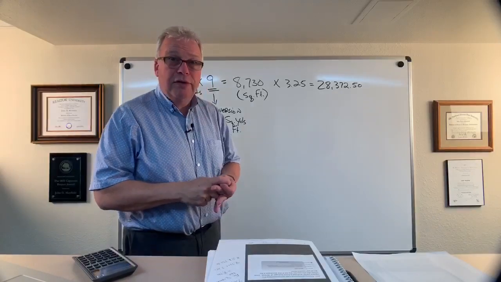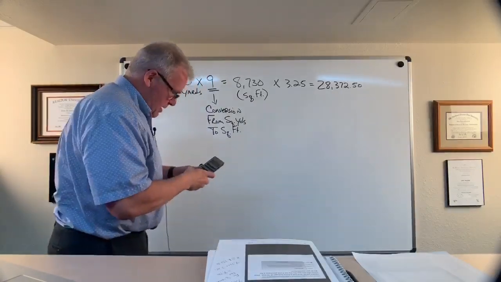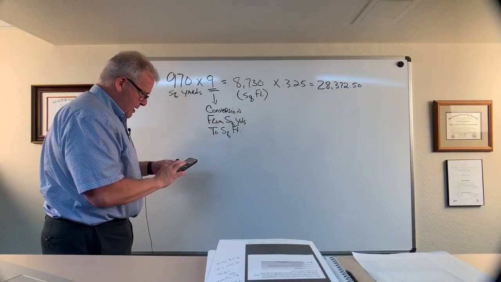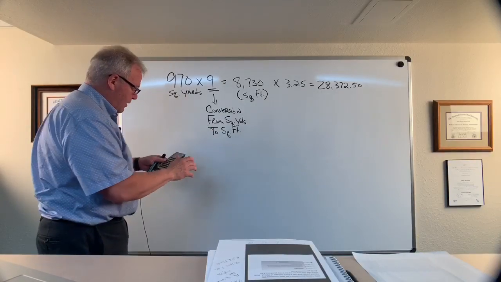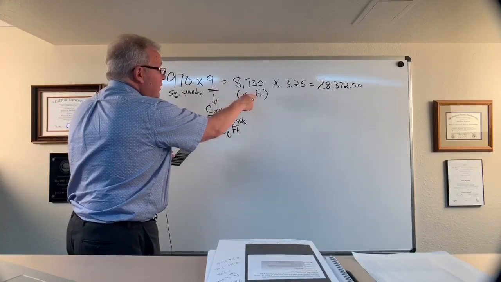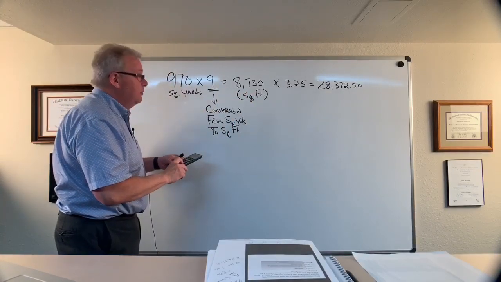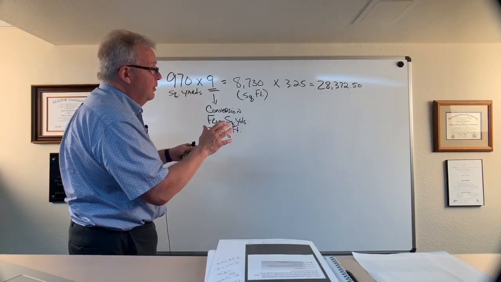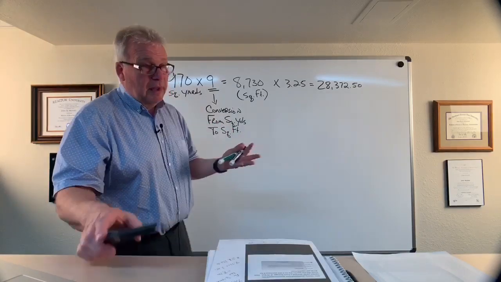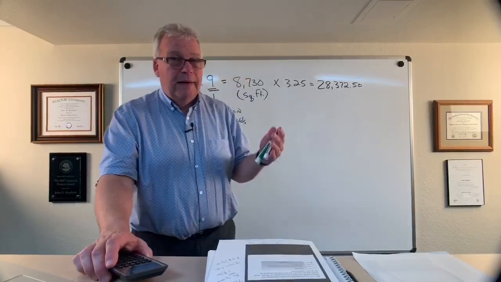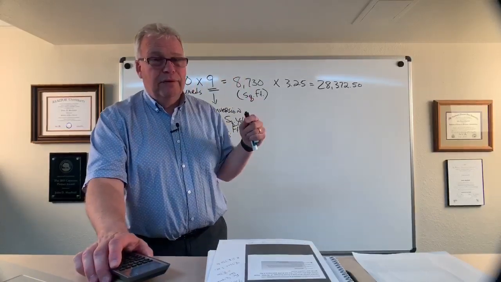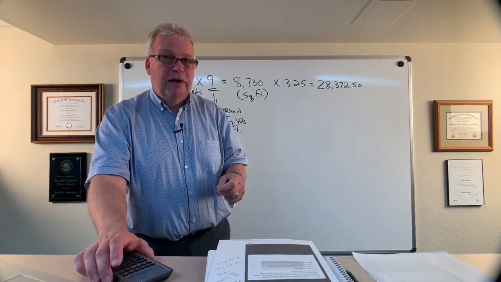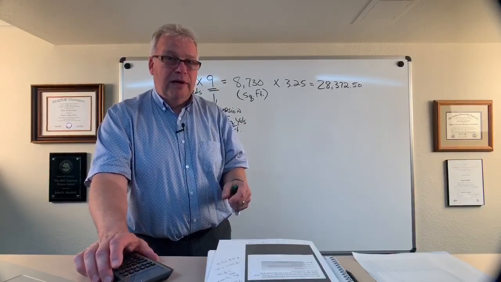Okay, now I'm going to double check because sometimes I do these in a class, and I think I'm doing everything correctly. That's 8,730 times 3.25, and it's 28,372 and 50. So sometimes I do a class, and I'm off a few pennies or a few dollars, and a student will tell me they've worked that problem 5 or 6 times, and they can't come up with the same number that I came up with.